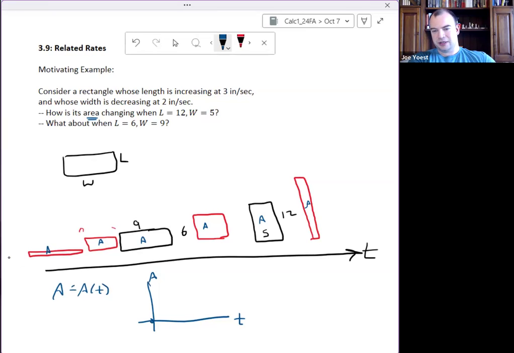That's 0 area at some initial time. And then if I let time go too far, I have a rectangle that's tall but has 0 width, so it has 0 area as well. And in the middle, I have some rectangles with positive area.